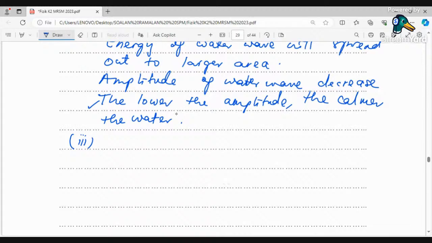Okay, sorry, size of gap. Size of gap. Jadi jawapan you all ialah distance decrease. Okay, apa explanation? Okay.